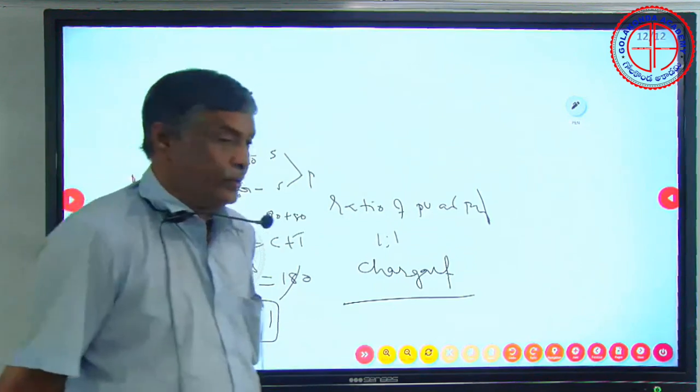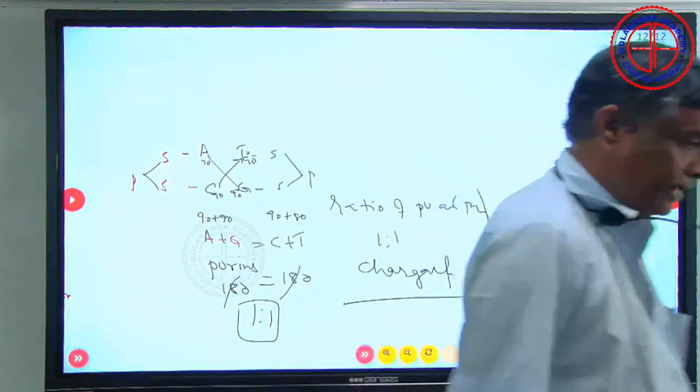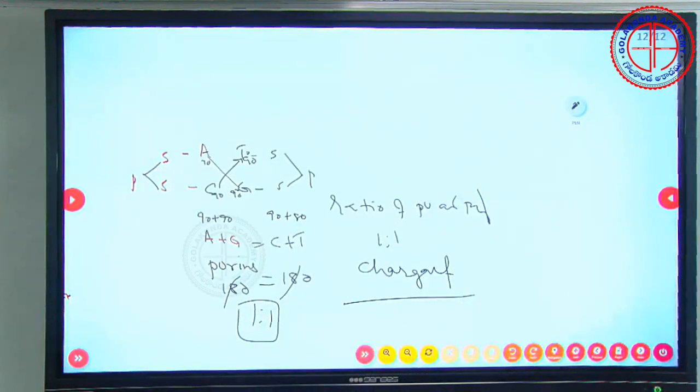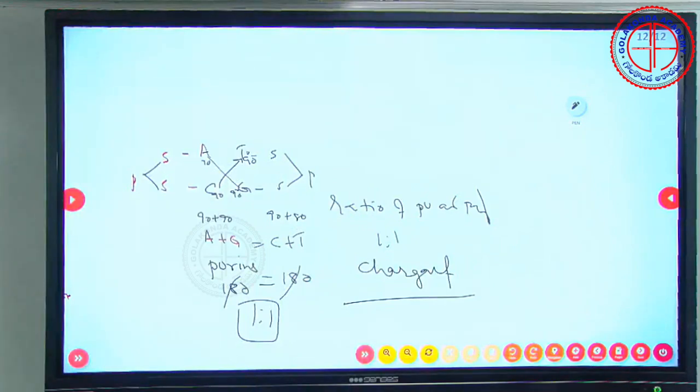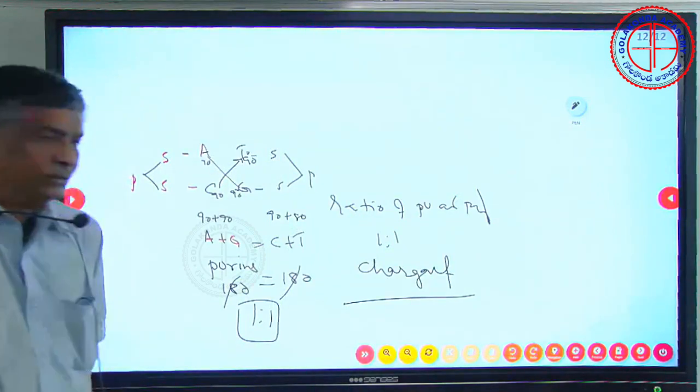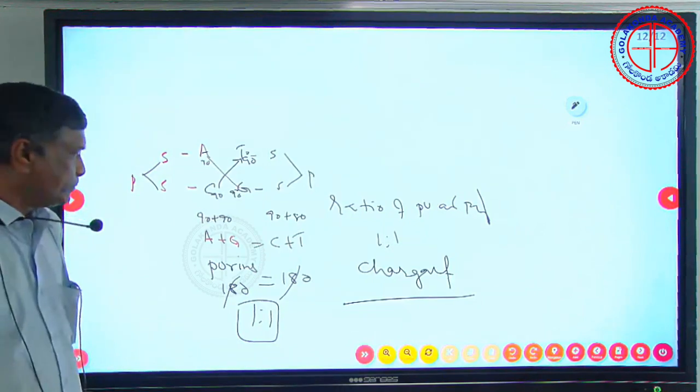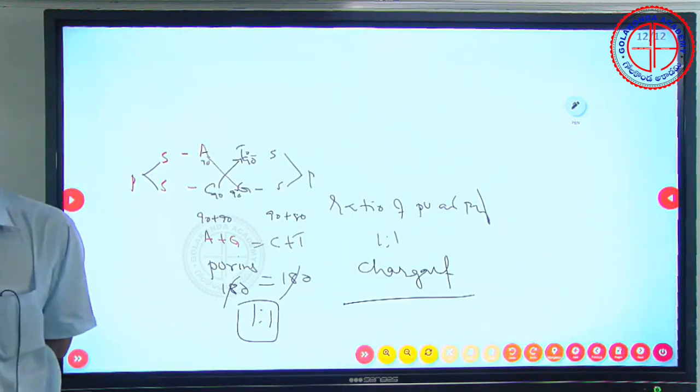So the ratio in between purines and pyrimidines is 1:1, known as Chargaff law.